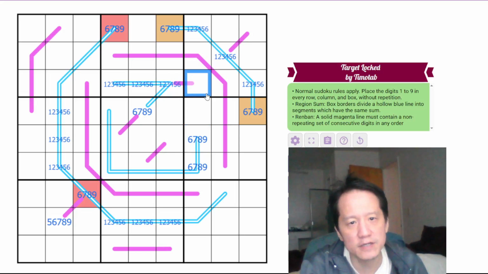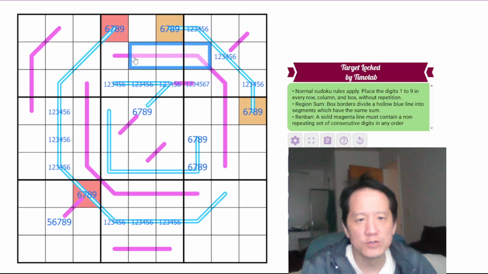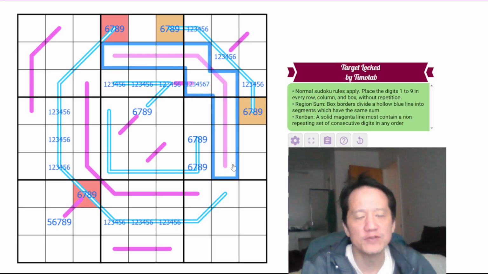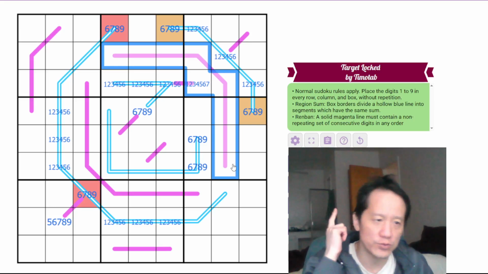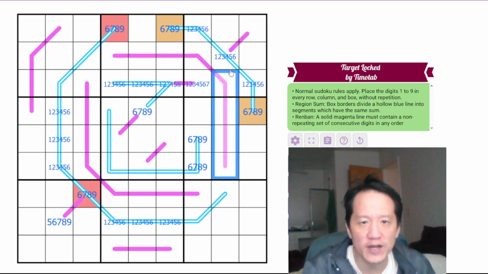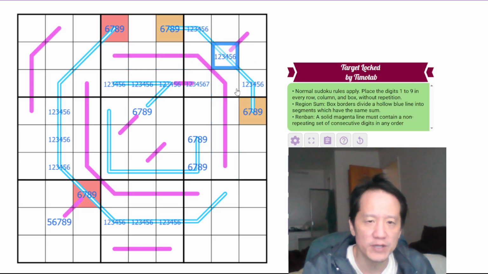This is consecutive with 1 through 6, so it must be 1 through 7 here. So on this Renban, you have the digits definitely 2 through 8. Because of that, this cell sees all of these digits. And what digit can be in this cell then?